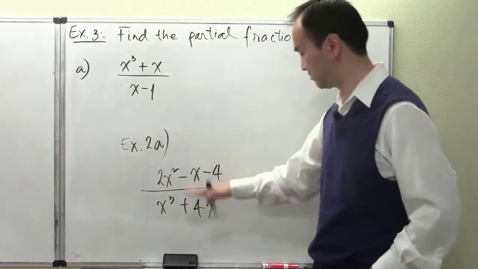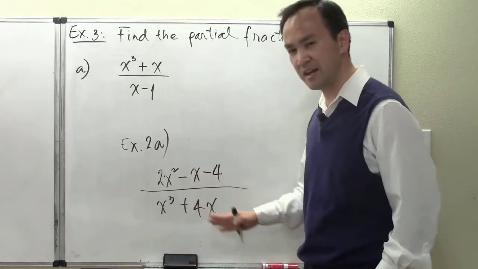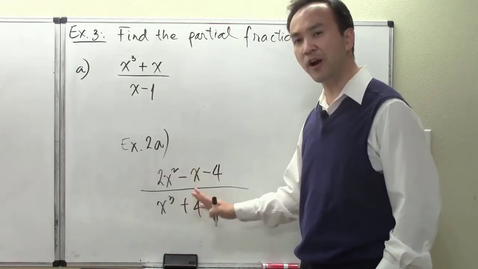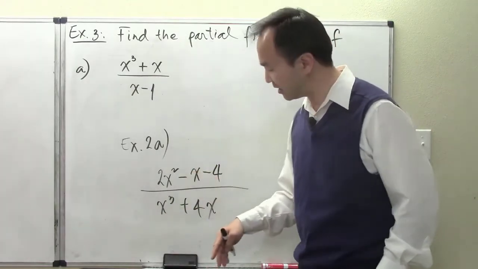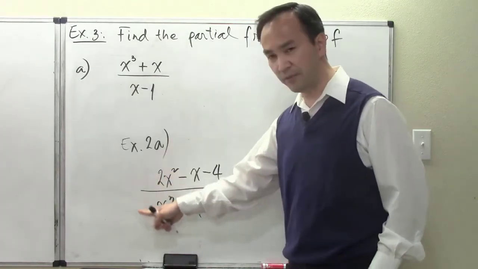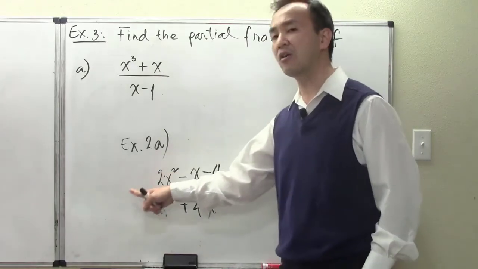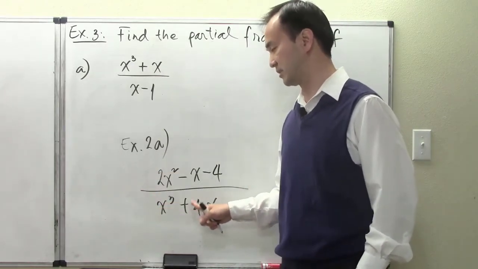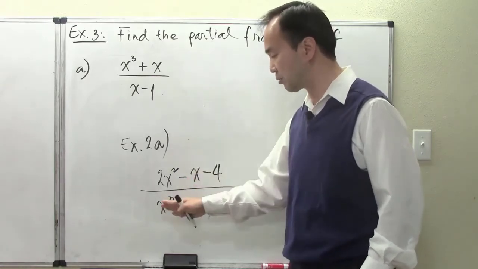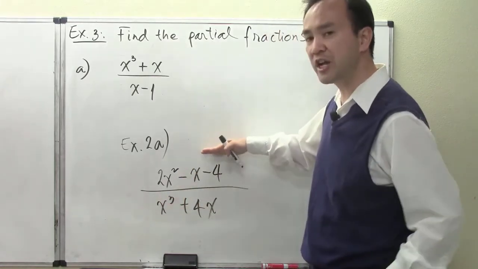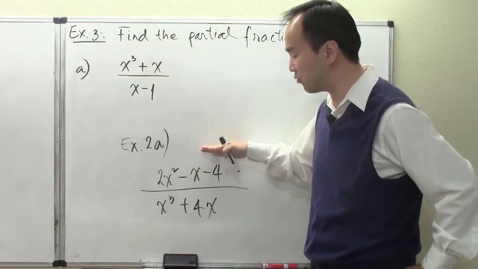So we don't need to restart the problem. We went through the partial fraction decomposition process on this one, and we got our answer. But right from the beginning, the whole reason that allowed us to apply the process was that the degree of the polynomial in the numerator was less than the degree of the denominator.